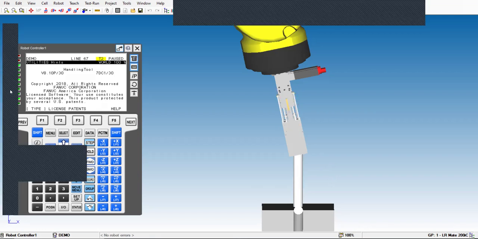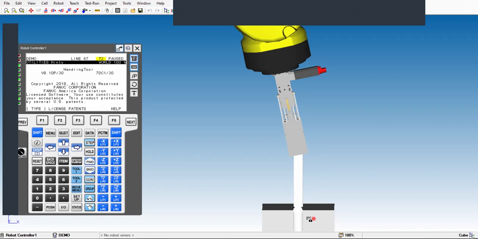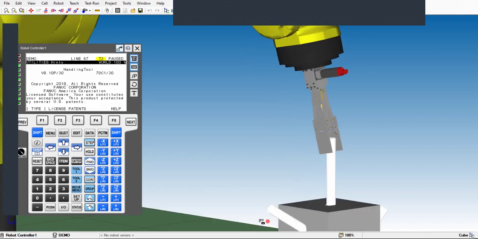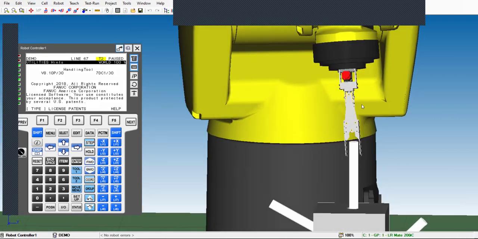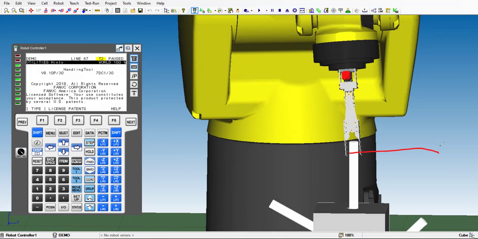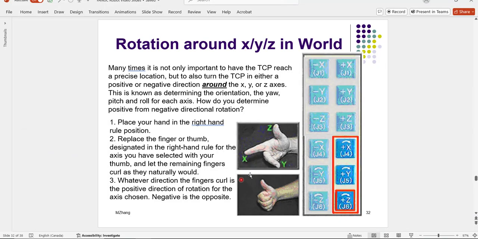I'll try to illustrate that. Let me rotate around here, right? We first want the robot to rotate around the Y direction. That's the positive Y direction, right? Let me bring back the previous slide.